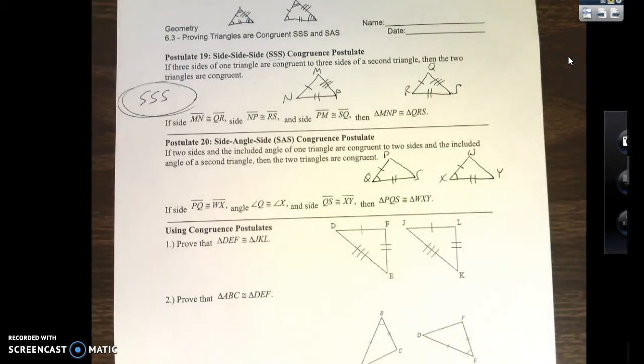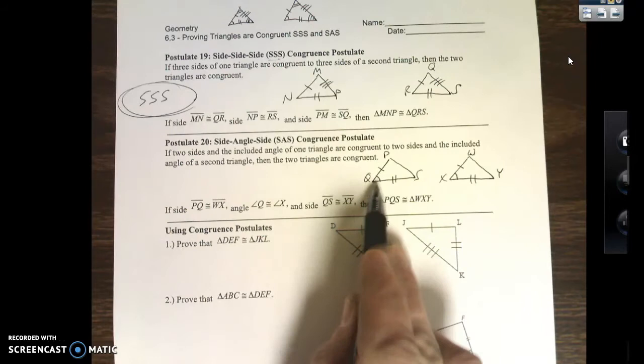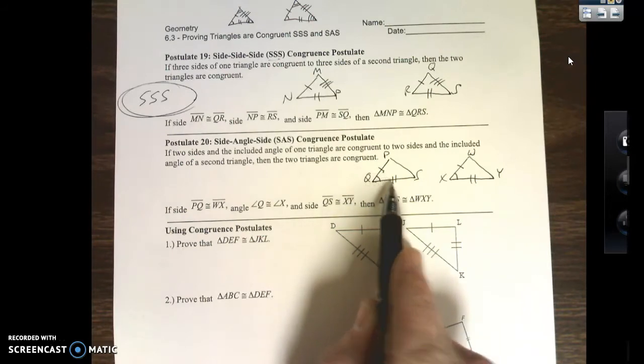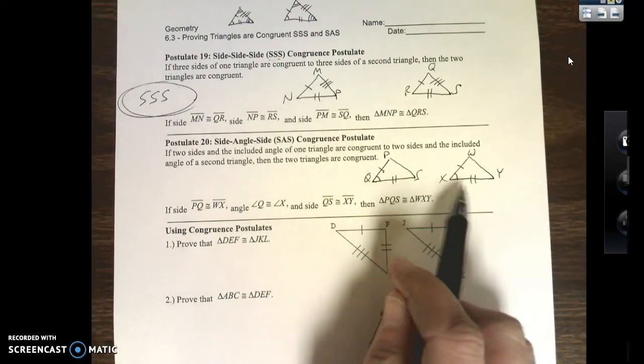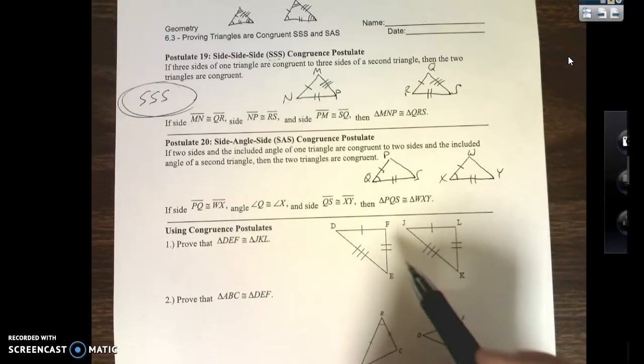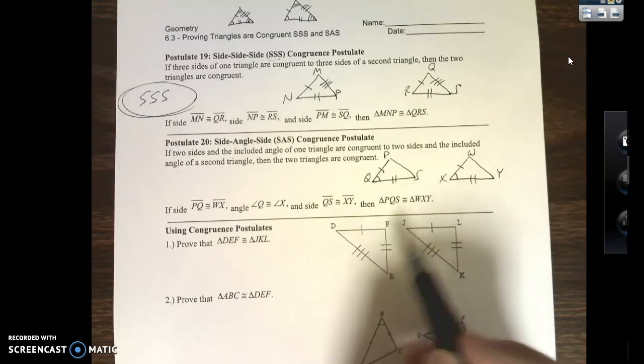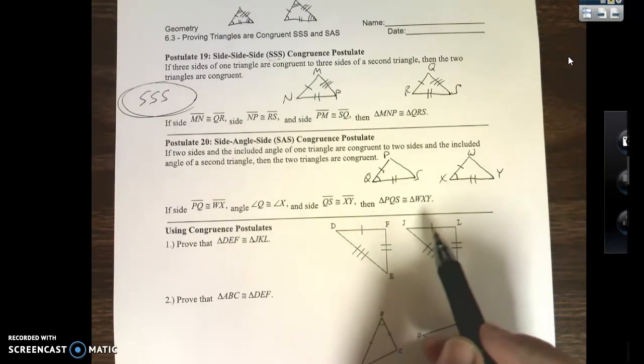Now, this is going to take us a while to get used to. If you have a side directly followed by an angle, directly followed by a side, if you have SAS on both triangles, you have enough information to say triangle PQS is congruent to triangle WXY.